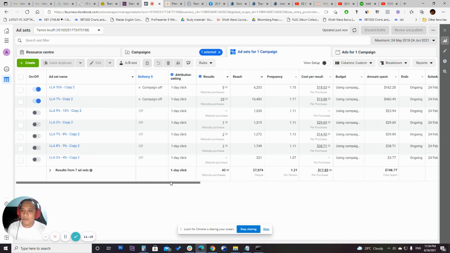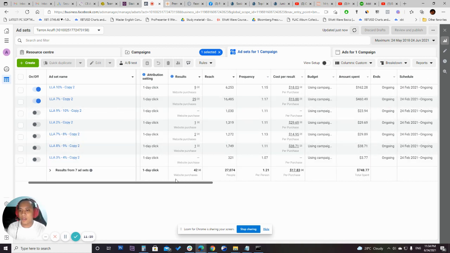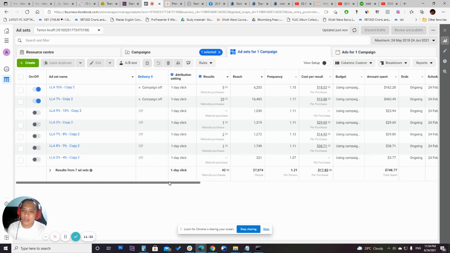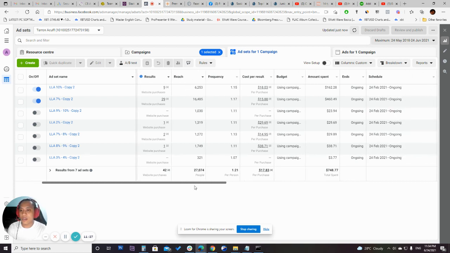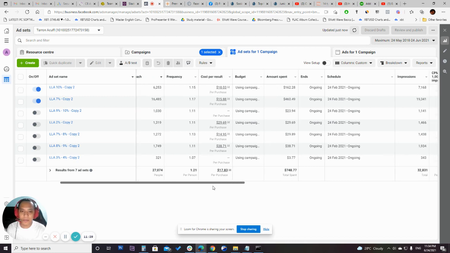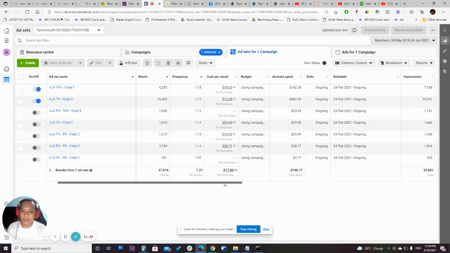Same strategy, running for at least 7 days to get at least 3 purchases to create a CBO campaign, and the cost per result should be less than $12.